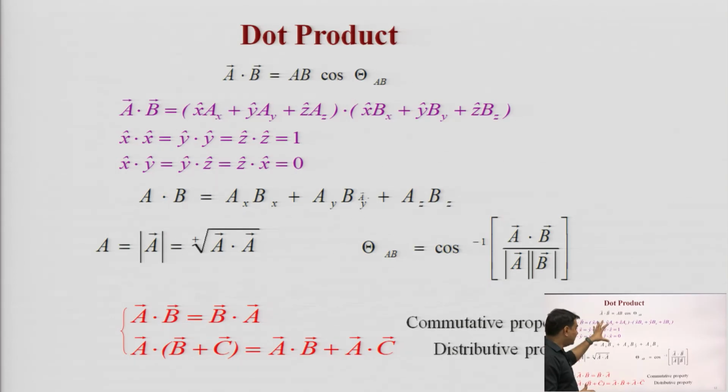So this whole phenomenon is given in terms of x dot x, y dot y, z dot z is equal to 1. But if we discuss two orthogonal dimensions, meaning when x is multiplied by its orthogonal axis y, then the angle between x and y is equal to 90 degrees, and the cos value of 90 degrees comes to 0.